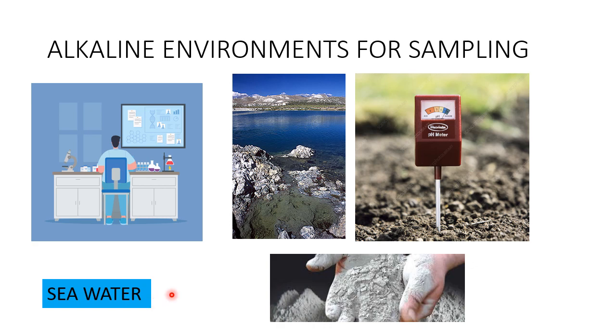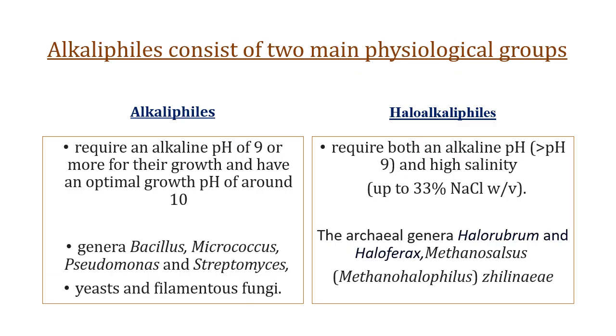That's the reason why you may isolate a haloalkaliphile. That means halo is salt loving, high alkaline pH loving bacteria. Okay, so you can go for any of these samples and sample properly, and you can start with your practical.